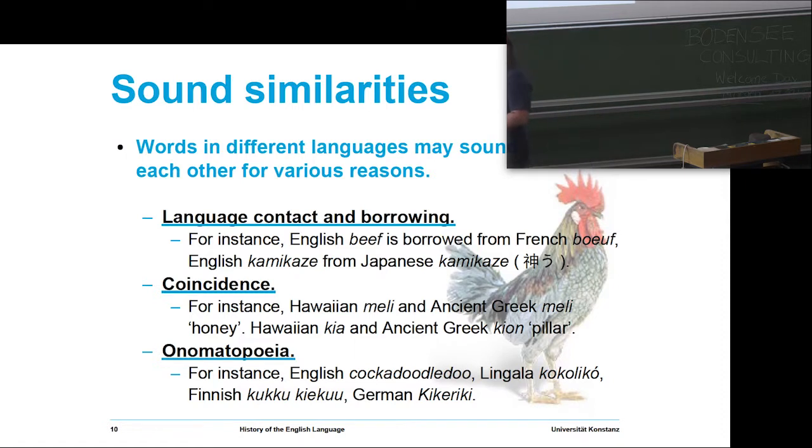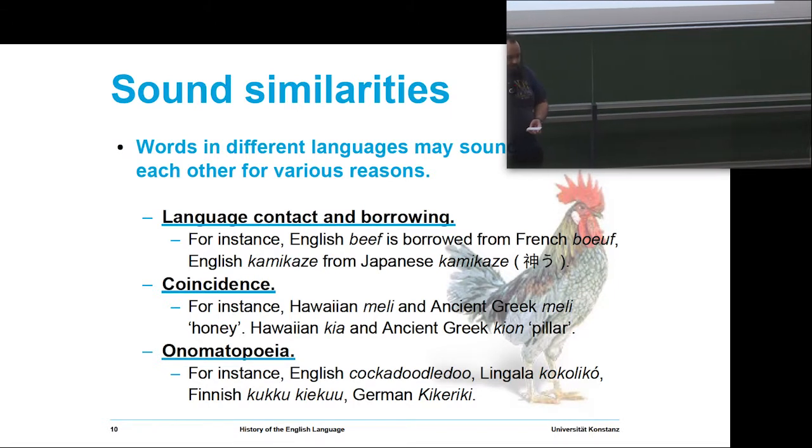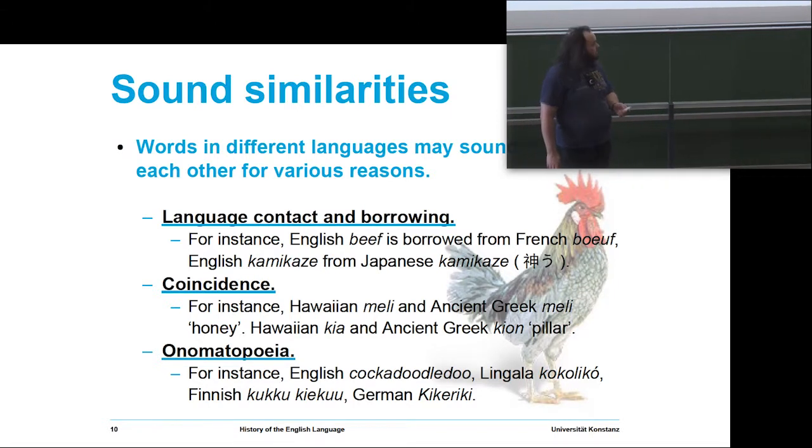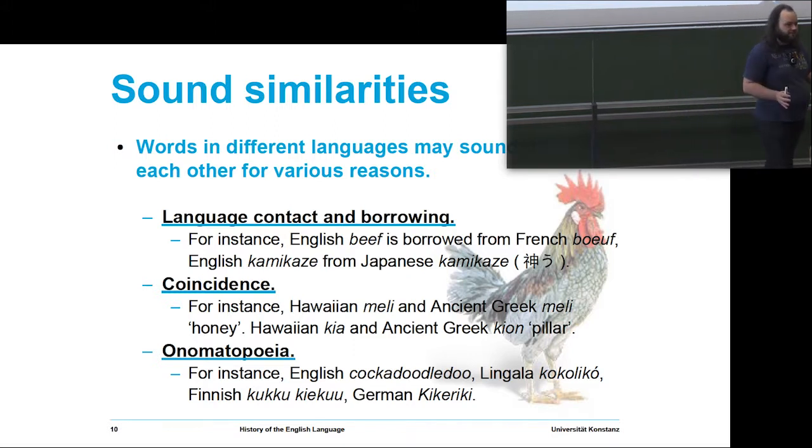And then finally, another reason that languages can have the same sounding words is because of onomatopoeia. This magnificent bird on the side here makes a sound, okay, but how do we render that in language?